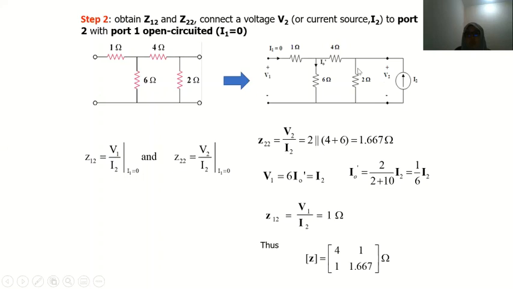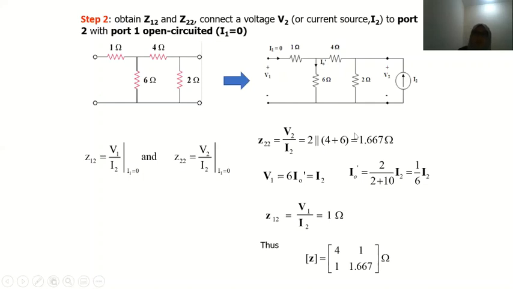So your Z total for your Z22 is 2 ohms in parallel with your 4 plus 6 ohm resistor, which gives you your Z22 of 1.667 ohms.